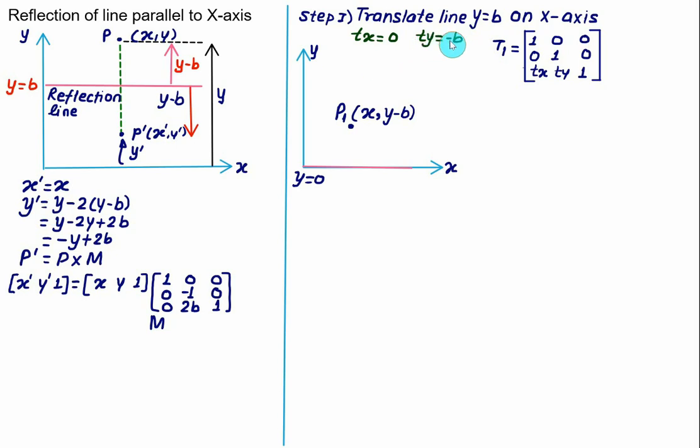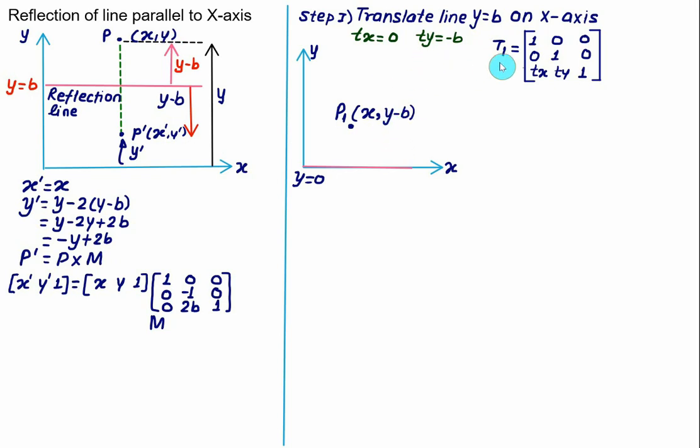Therefore we have ty equal to minus b and tx equal to 0. The point will shift downward with no change in the x direction because tx is 0, but the y coordinate will change as y plus ty, that is y minus b.